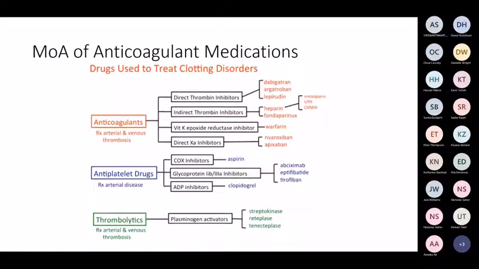And if you look at the thrombin ones, like dabigatran has a TR in it, which helps. And then you've got your antiplatelets, so things like aspirin, clopidogrel, and then thrombolytics as well. It's worth knowing where they all sit, but you don't need to know too much.